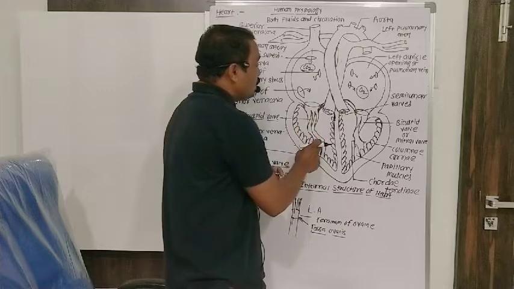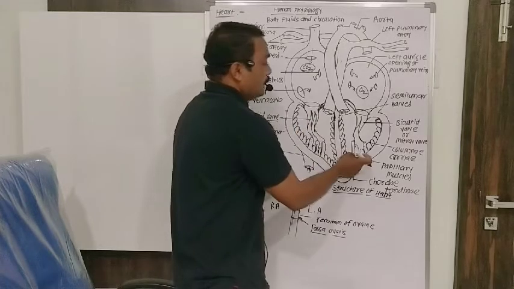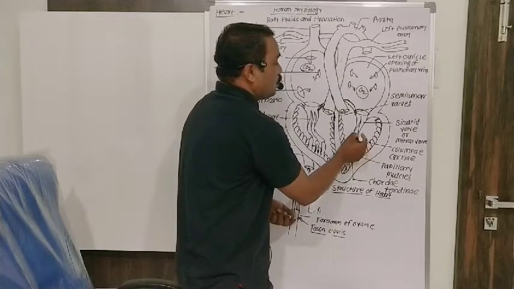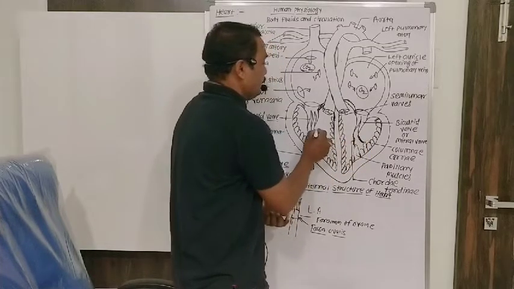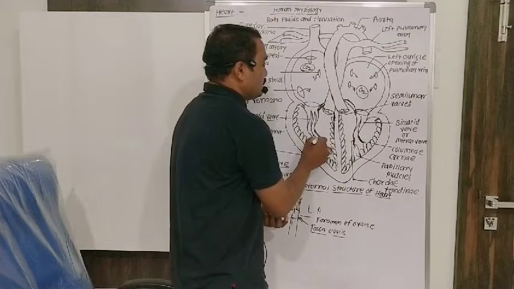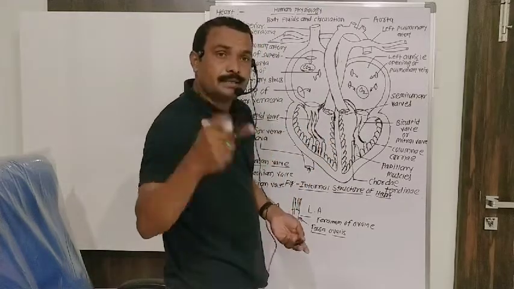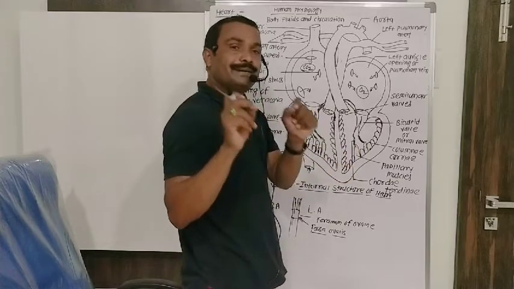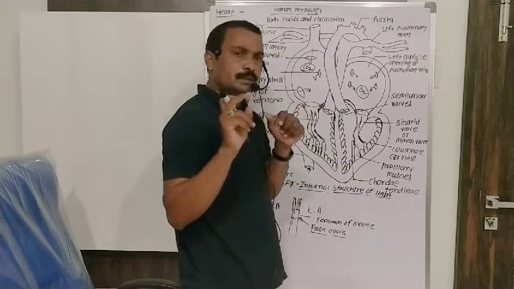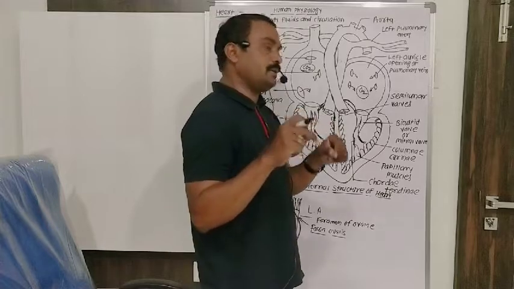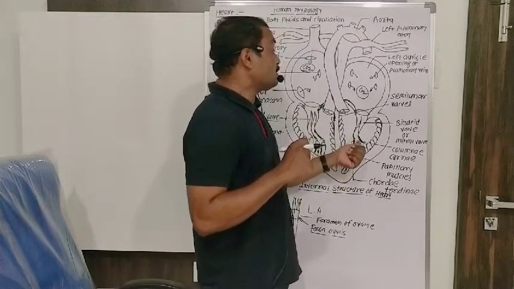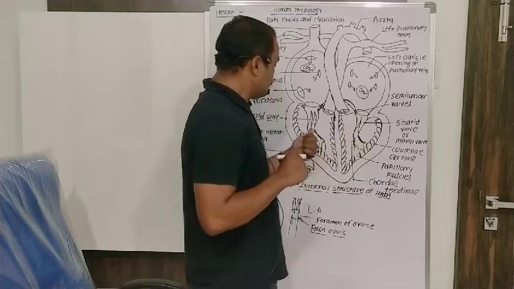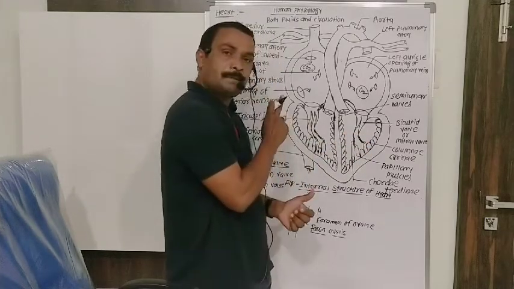Between the tricuspid valves and papillary muscles, and between the bicuspid valves and papillary muscles, there is a cord-like structure called chordae tendineae. Chordae means cord. Tendon is a type of binding connective tissue. From that connective tissue, a cord-like structure is present between the bicuspid valves and papillary muscles, and tricuspid valves and papillary muscles.